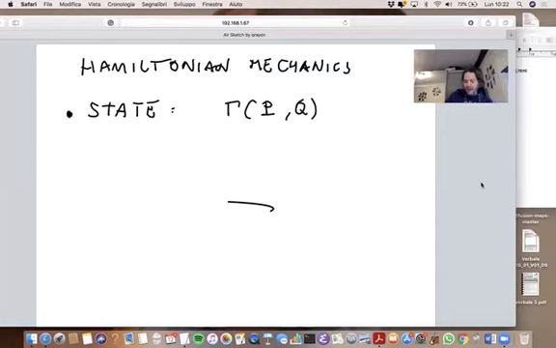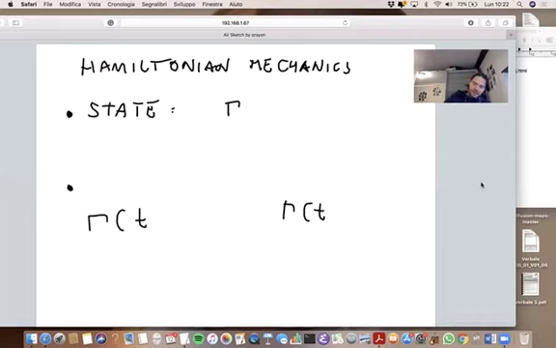Because only if I have a complete knowledge about the state of a physical system at some time t, I can predict the state of the physical system in the future. So the goal of classical mechanics is being able to predict the state at some time t.